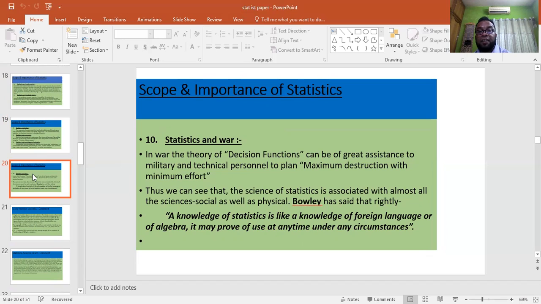Thus, we can say that the science of statistics is associated with almost all the sciences, social as well as psychological, that is natural science, social science, mathematics, and psychology. Bowley has rightly said that a knowledge of statistics is like a knowledge of foreign language or of algebra, which may prove of use at any time under any circumstances.